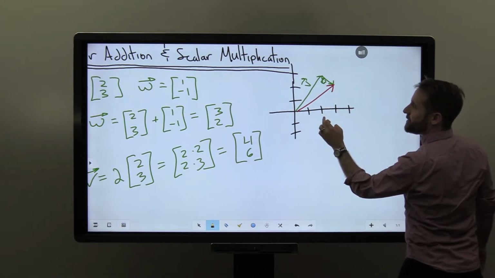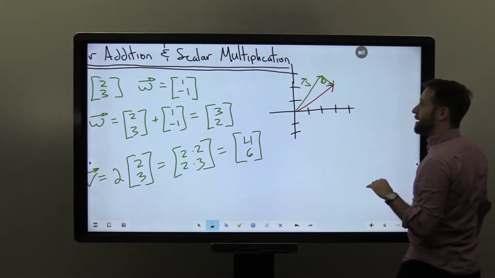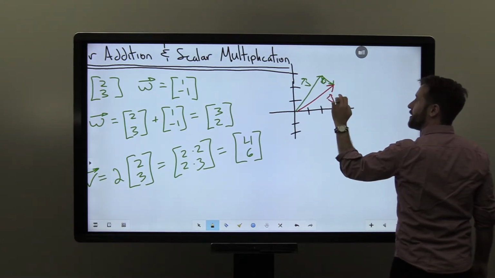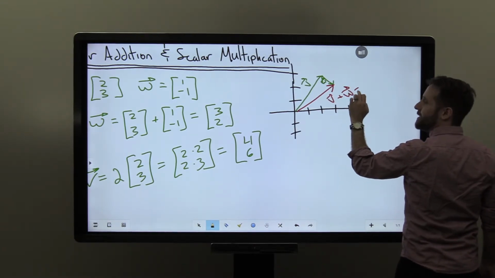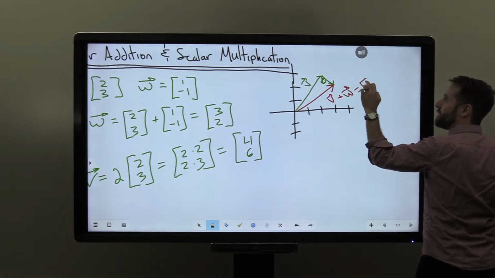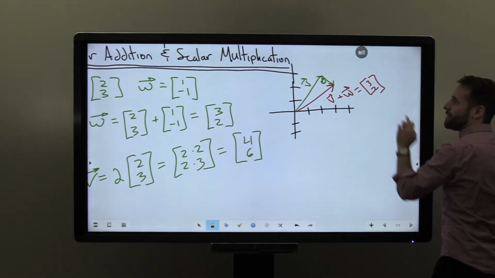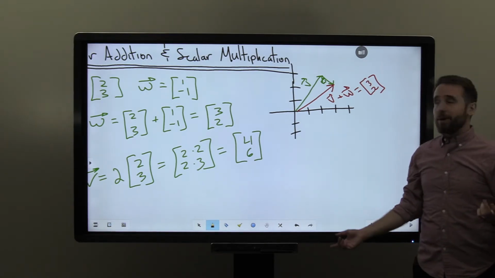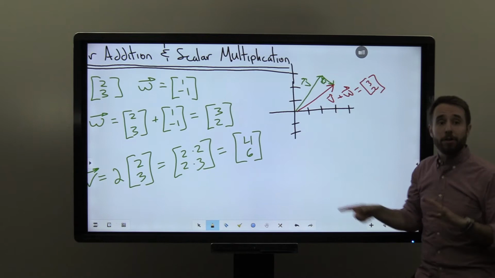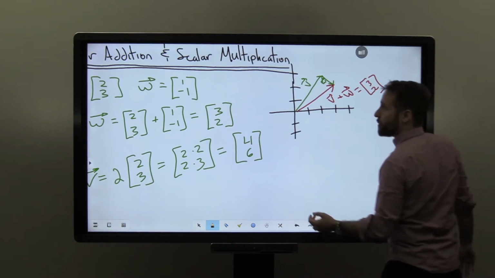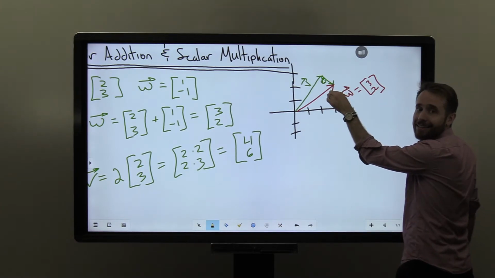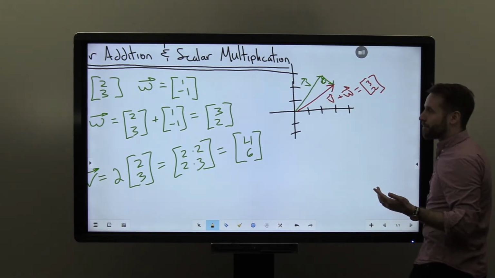And we can see, modulo bad drawings, that this vector v plus w is in fact the vector 3, 2 that we said it would be. So we have this visual tip to tail way to add vectors. And we could have gone in the other order, by the way, w plus v, and gotten to the exact same point.